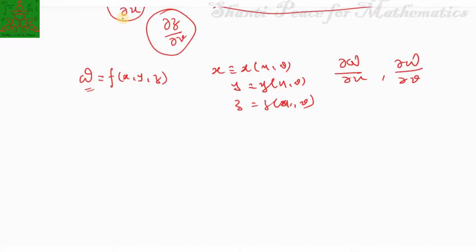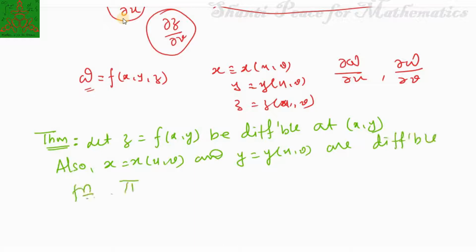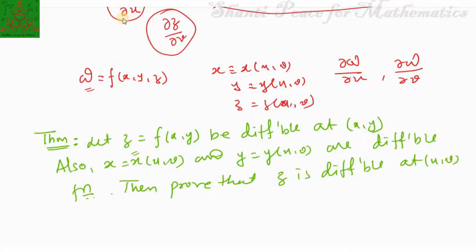The statement of the theorem says: let z equal f of x, y be differentiable at x, y. Also x equals x of u, v and y equals y of u, v are differentiable functions. Then prove that z is differentiable at u, v. Here z is a function of two variables x and y, which are functions of u and v.